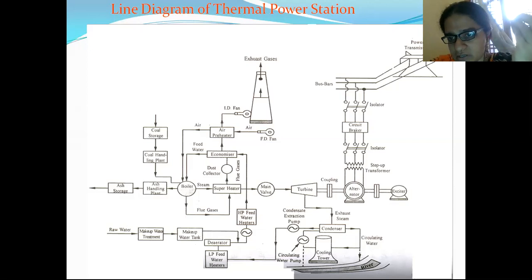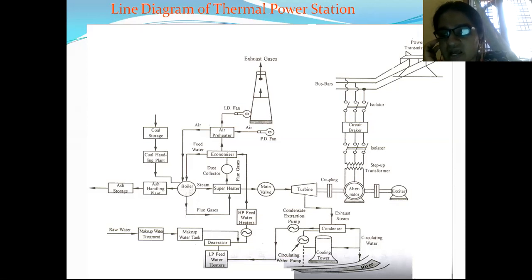The coal which is kept in storage plants should be sent to coal handling plants. In this, coal will be crushed into very small or fine pieces, and this process is called pulverization of coal. After pulverization, this coal should be sent to the boiler, into the boiler furnace.